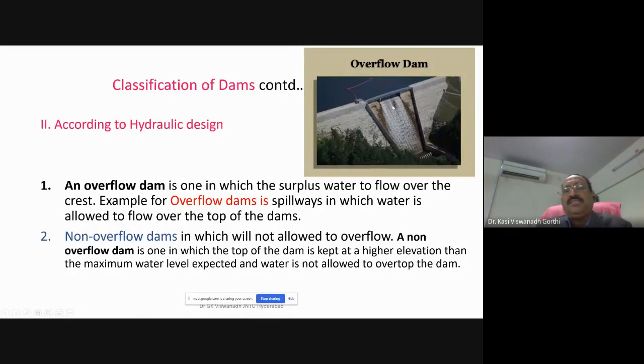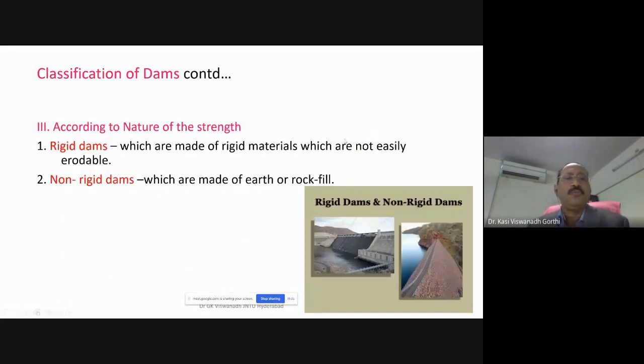The central portion is the overflow portion, and on either side of this, you have a non-overflow portion, which does not allow the water to flow over it, whereas the overflow portion allows the water to flow over. This is called the spillway. So a good dam design would consist of a non-overflow portion as well as an overflow portion.